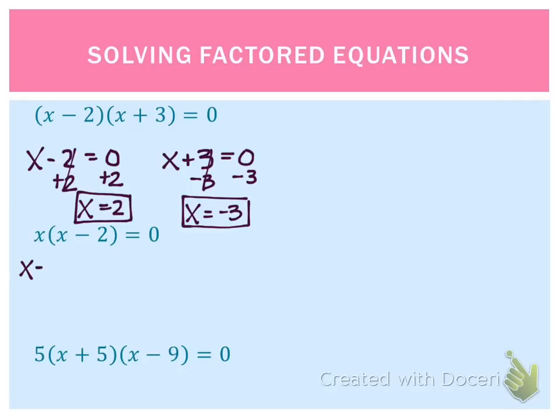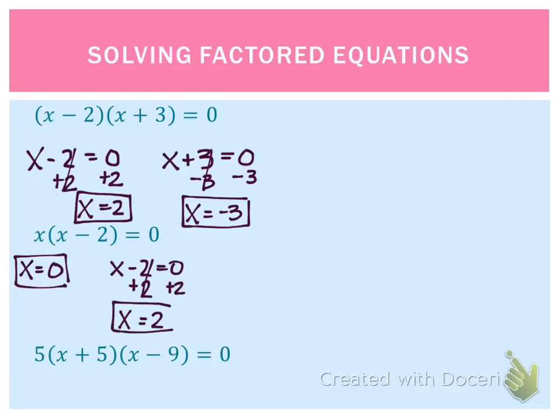So I'm going to write x equals 0. That one's already done for me. I don't even have to do anything. I'm going to go ahead and box it in. And then I also have x minus 2 is equal to 0. Again, I just need to solve this equation now. So I add 2 to both sides, and I get x is equal to 2. So now I have my two answers.